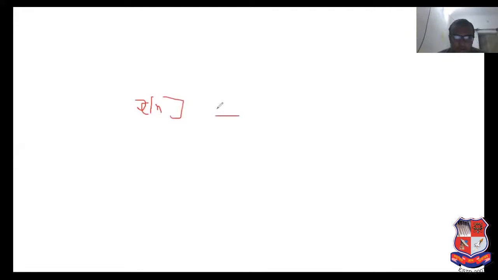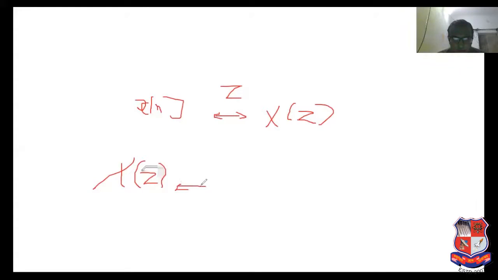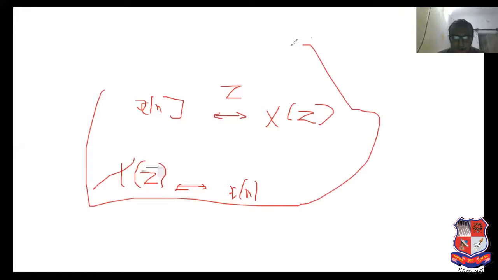What is the z transform of x of n? x of z. Now, what is the meaning of inverse z? x of z converted into x of n is known as the inverse z transform. See this very carefully. This is the difference. So based on that, we will discuss the inverse z transform in the next lecture.